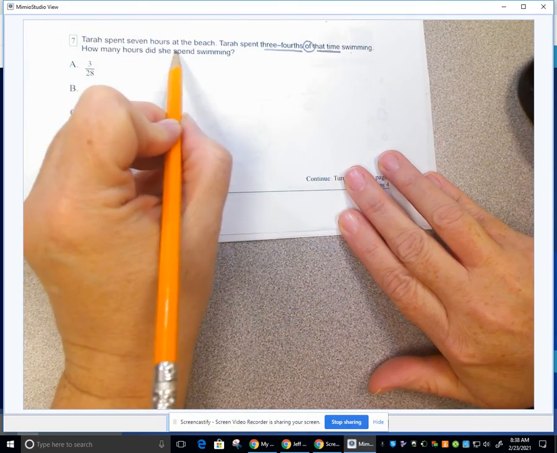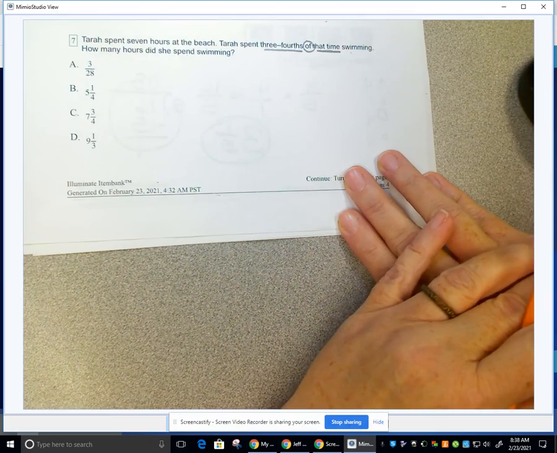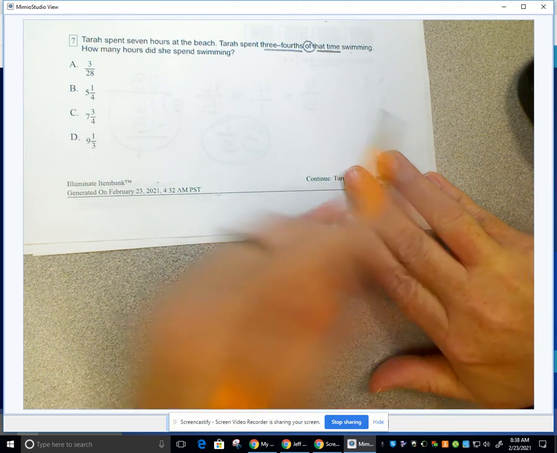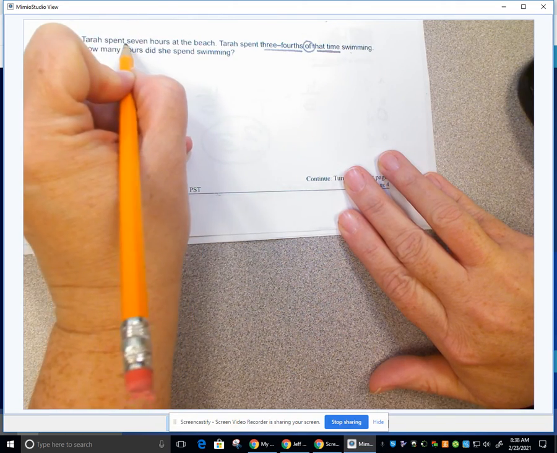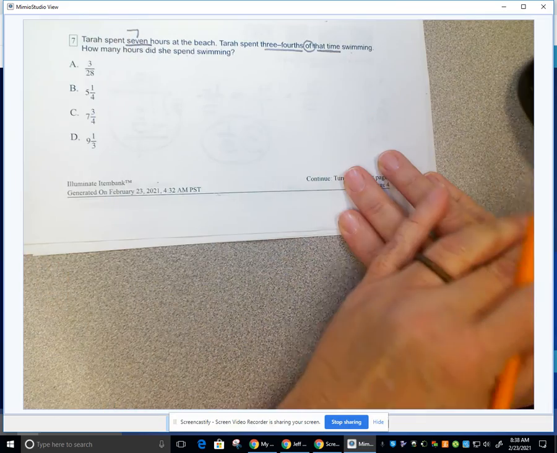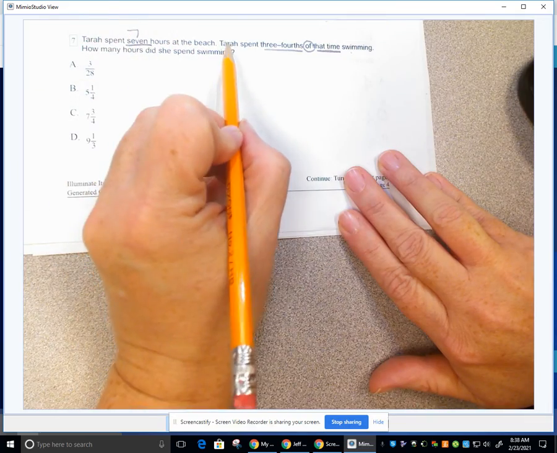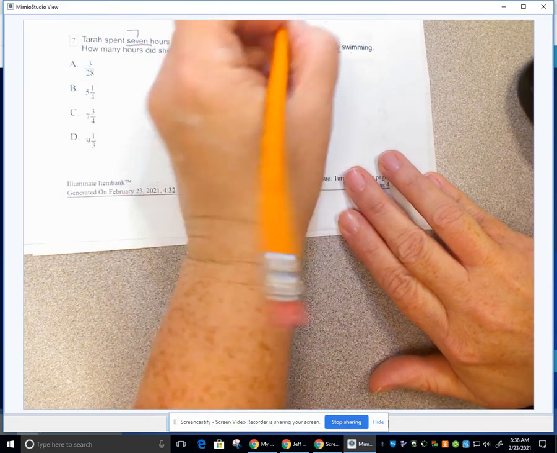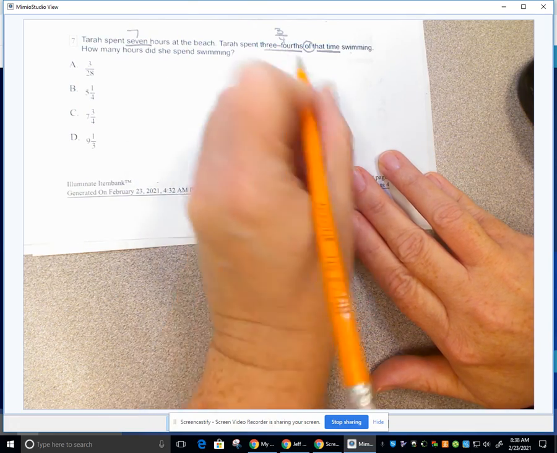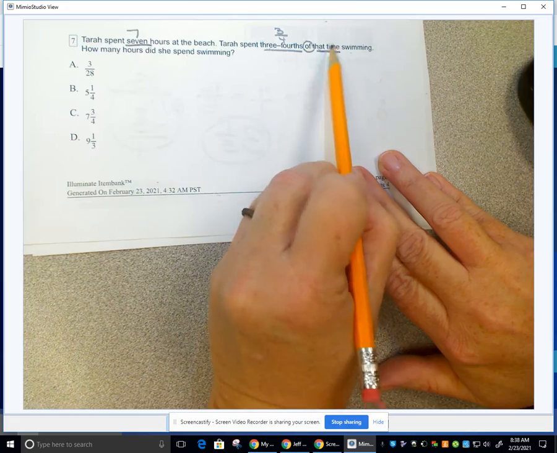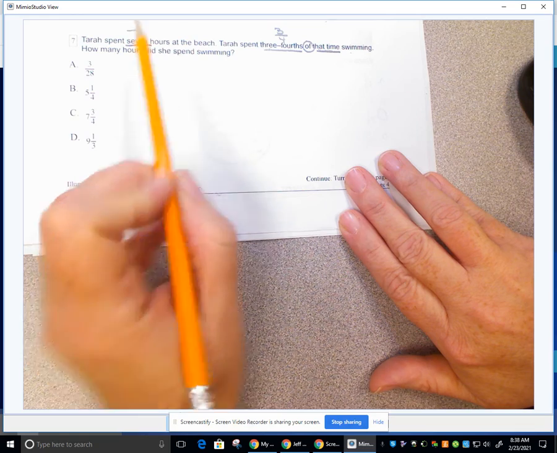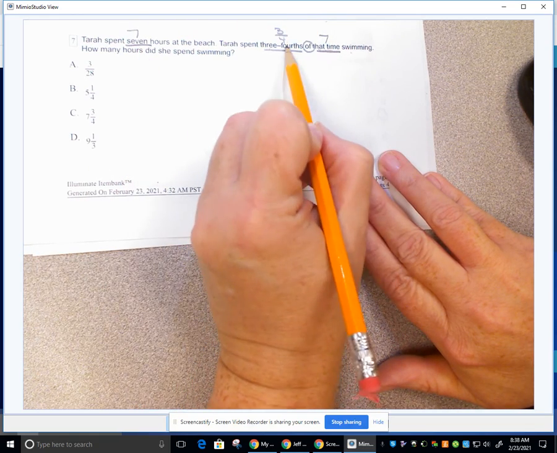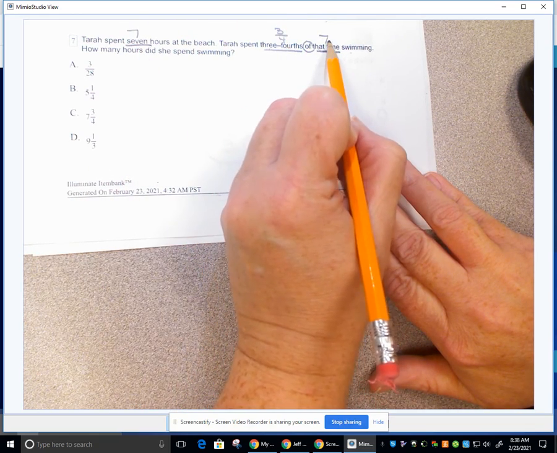How many hours did she spend swimming? She spent, we know, 7 hours at the beach. And it says Tara spent 3/4, which looks like this, of that time. What was that time? 7 hours. So I want 3/4 of 7.